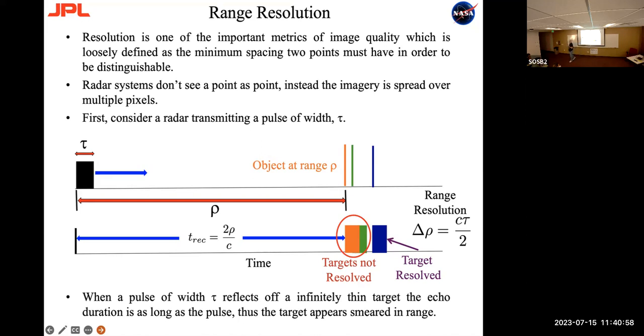So if I'm getting returns back from both at the same time, I'm not going to be able to tell them apart, right? They're going to blur together. Can't see them anymore. And then, because the purple line is separated far enough away, it's fatter than the pulse, it will eventually show up, and it will show up differently. So these two guys, I won't be able to tell apart, but I'll be able to tell these two guys from that guy. Does that make sense to everybody?